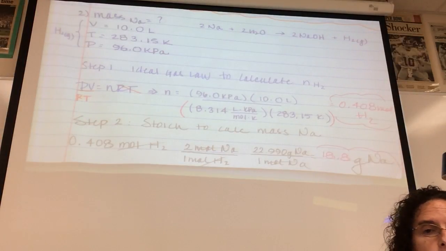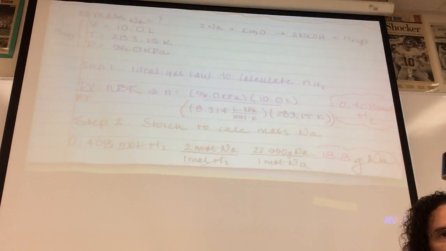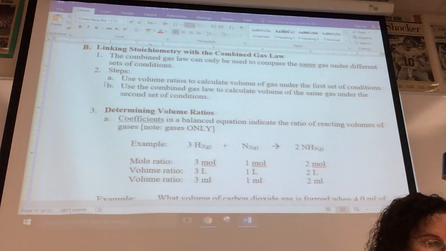Now we can link stoichiometry to other gas laws. And this one I think is a little bit trickier. We're going to link stoichiometry with the combined gas law. The combined gas law is P1V1 over T1 equals P2V2 over T2.